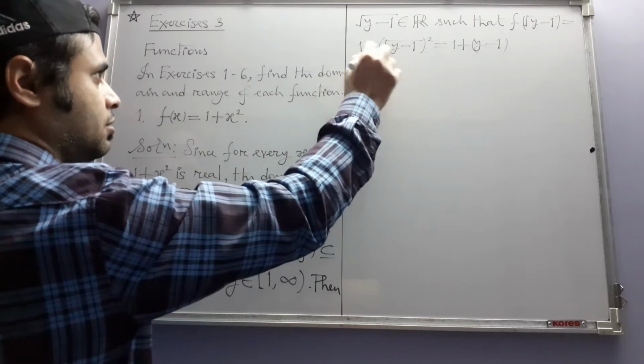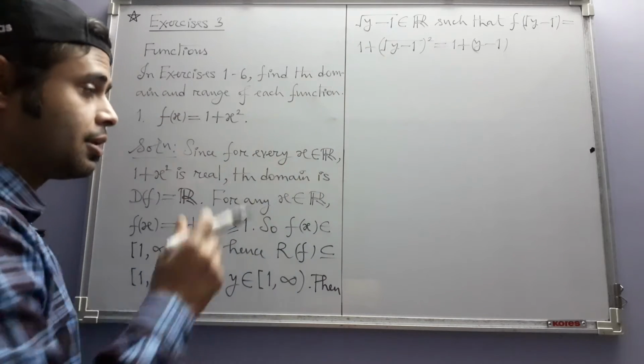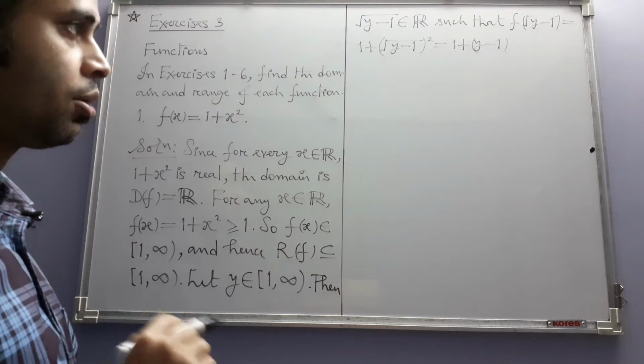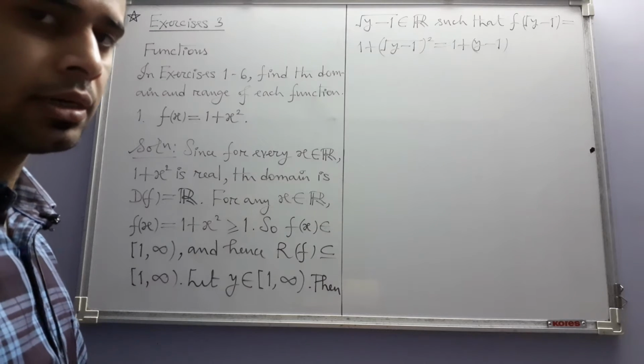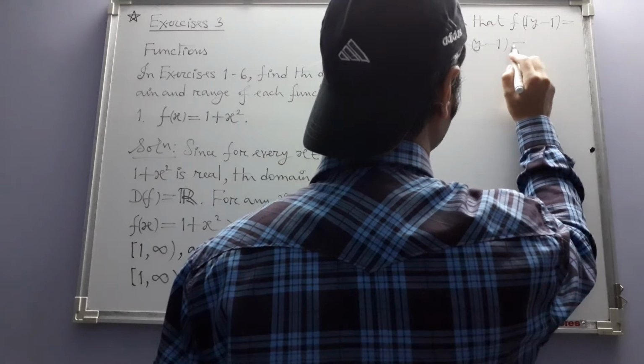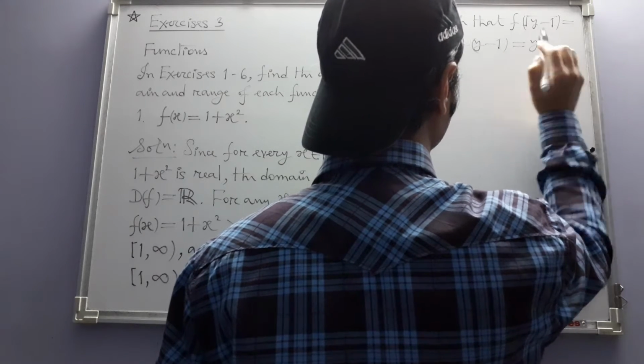Again, when we cancel square root and square, we have y minus 1 and not 1 minus y, because y is greater than or equal to 1. So this is equal to y.